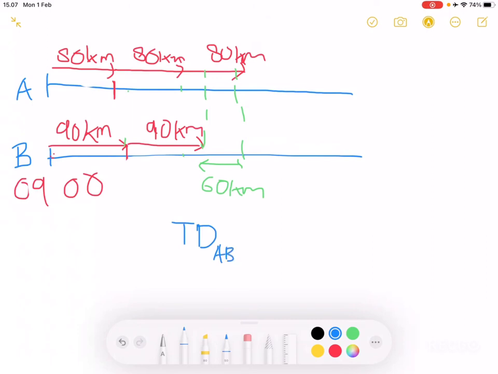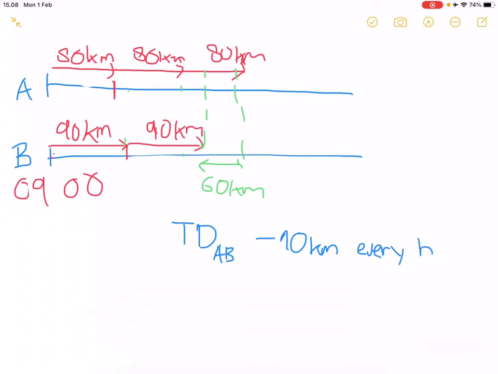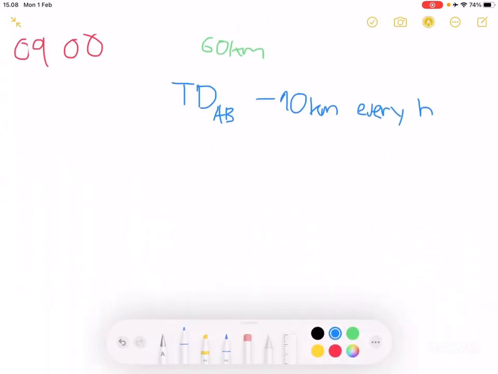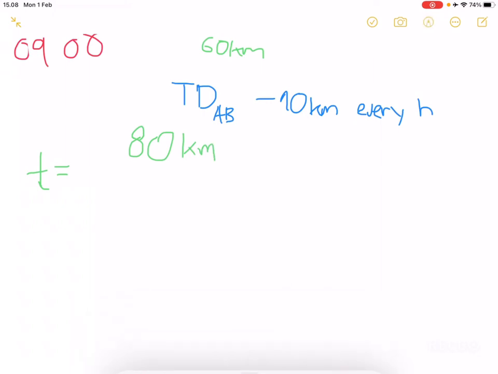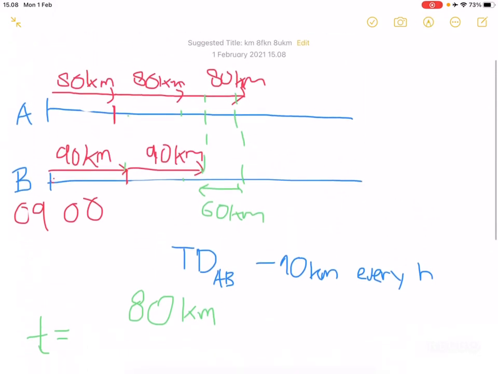Between A and B, this decreases by 10 kilometers every hour. So with this information we can now do the formula. With T equal to the total distance between the two objects, which is, we're going to take 80 kilometers right here, because notice that this is the distance between car A and car B when they both move or are in motion.